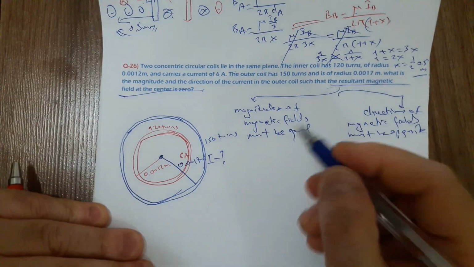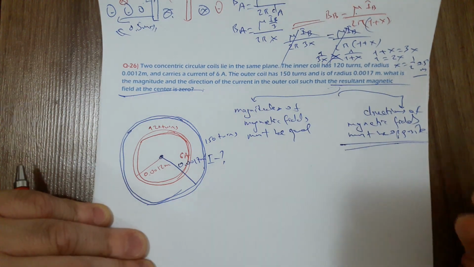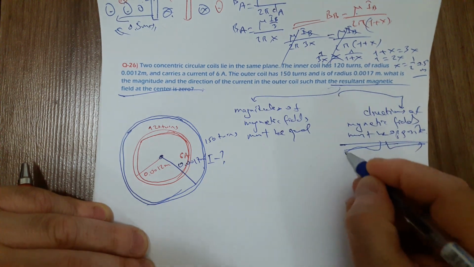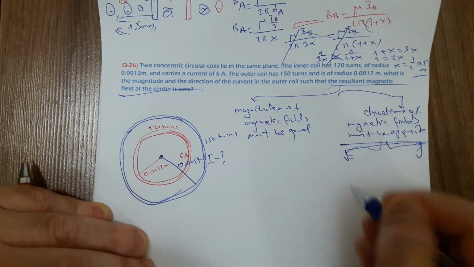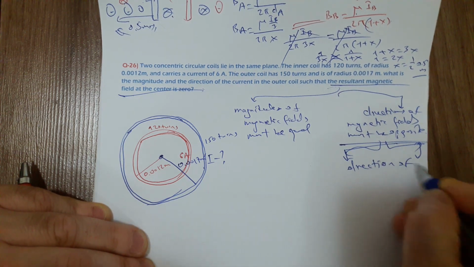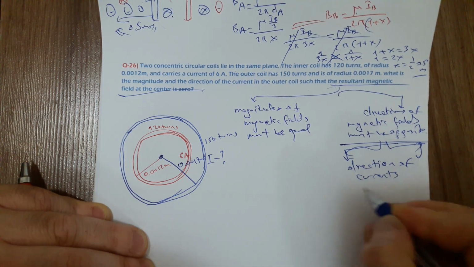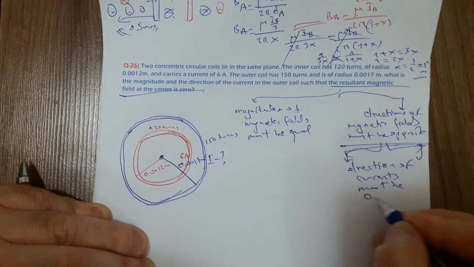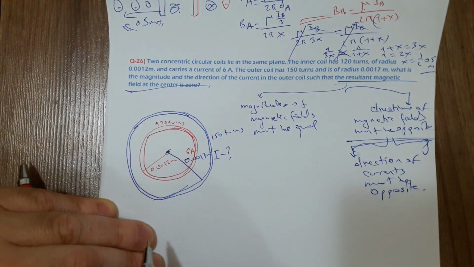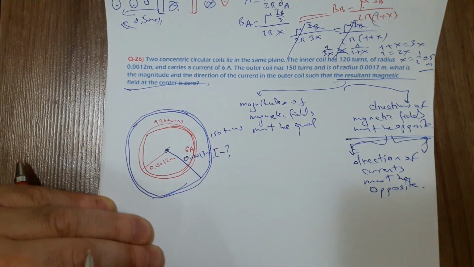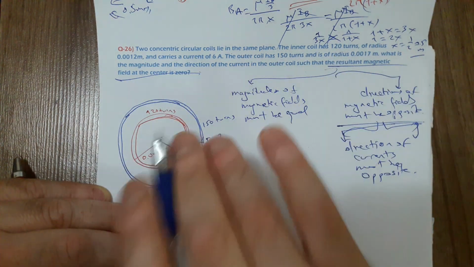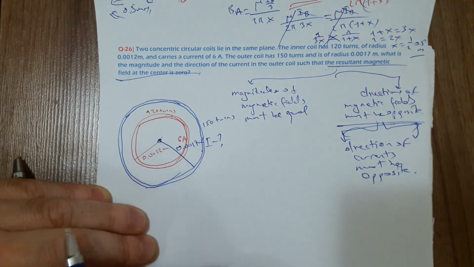Okay, so if the directions of the magnetic fields are opposite, then the currents must be opposite, otherwise the directions cannot be opposite. So the direction of currents must be opposite. In this case, the magnetic field at the center of the coils can be opposite in direction. So if the directions are opposite, it's possible to make the magnetic field at the center 0.